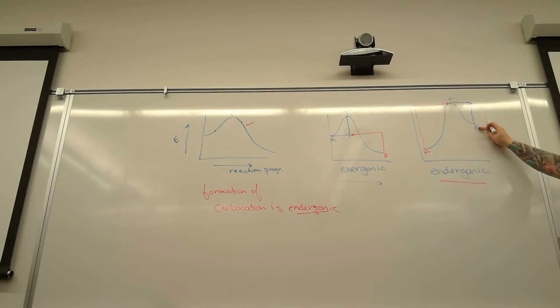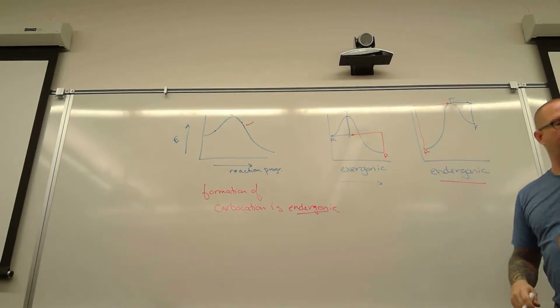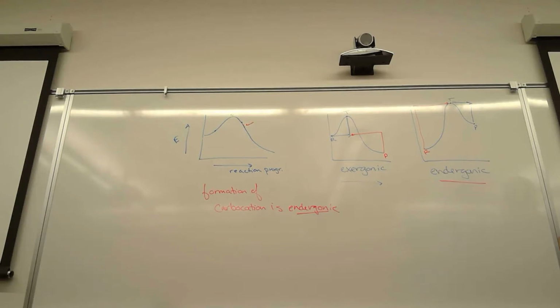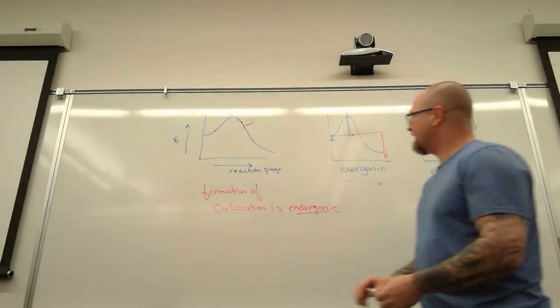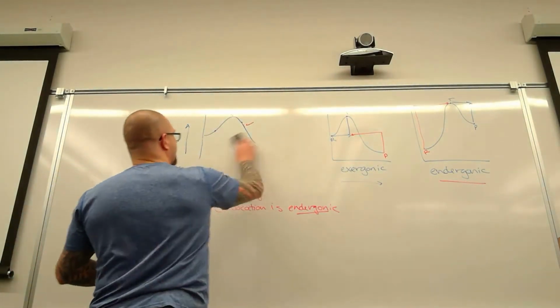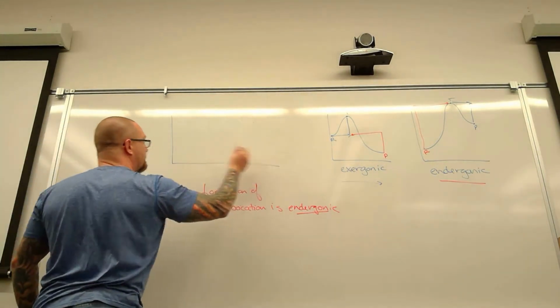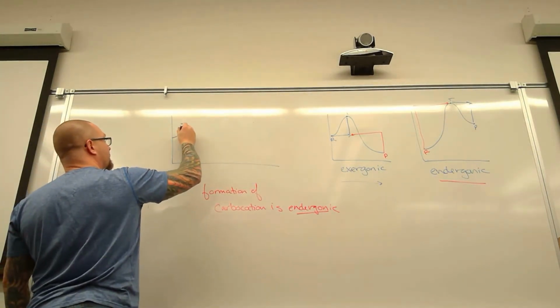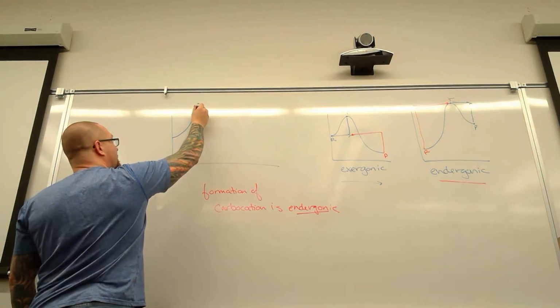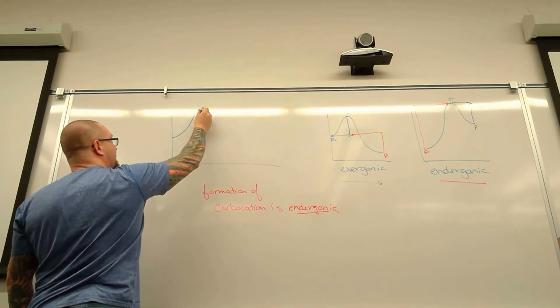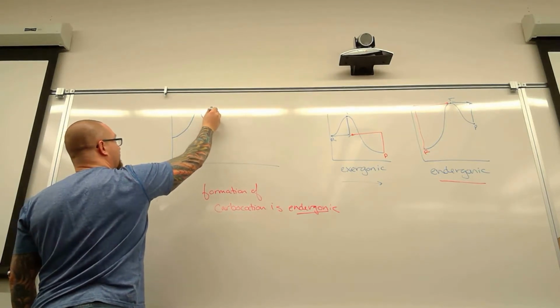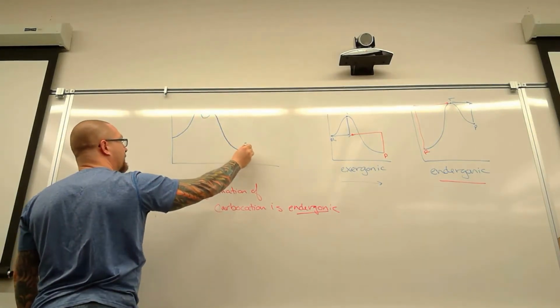Now, when you read that the first time, you probably thought, well, that doesn't make sense, because I thought that we were ending up in a more stable place. But it's easy to forget. For reference, the reaction as a whole is reactant, high energy transition state, high energy intermediate, secondary transition state, product.